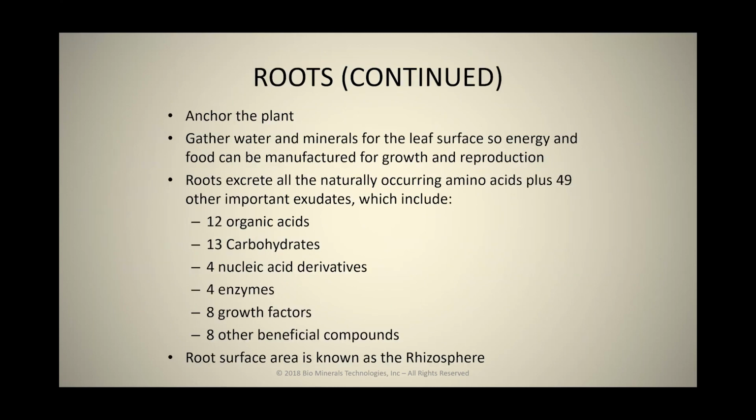Roots are to anchor the plant, gather water and minerals, and they excrete all these wonderful carbohydrates and amino acids into the soil to stimulate microorganism growth and that companionship between symbiotic microbes that are directly tied to the plant and the mutualist microbes that live in the plant root system and cause mineralization.